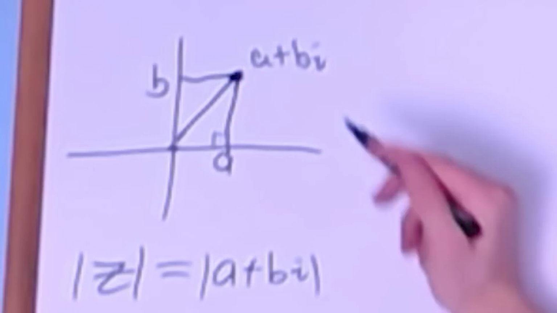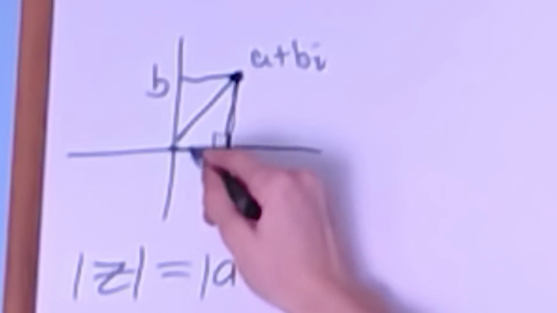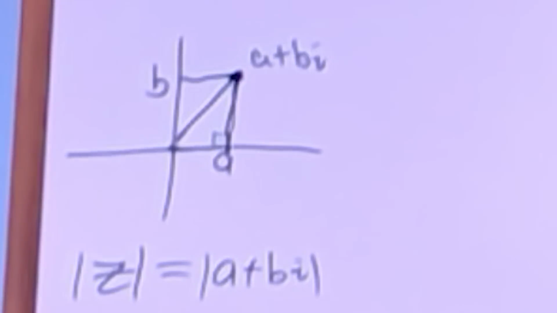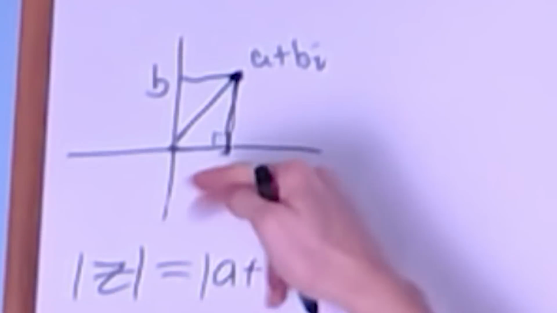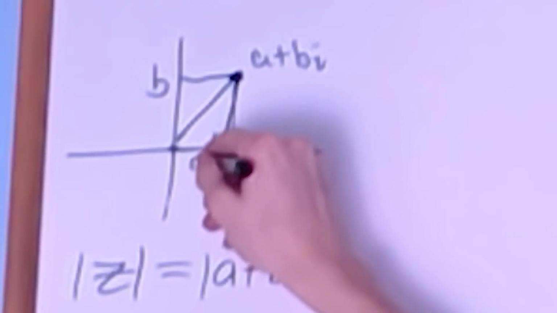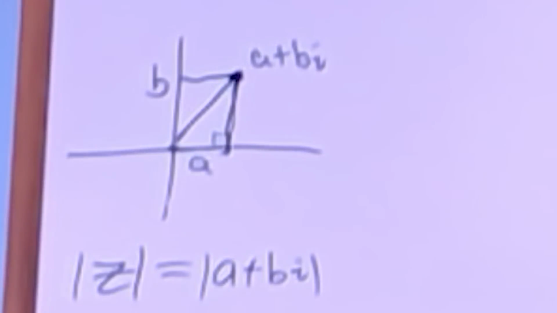This right triangle has two legs, and we know the two legs. Right there is obviously a distance of a, so the first leg has a length of a.